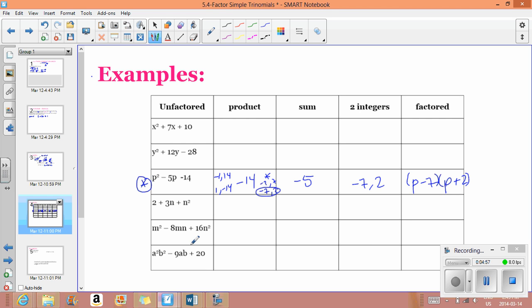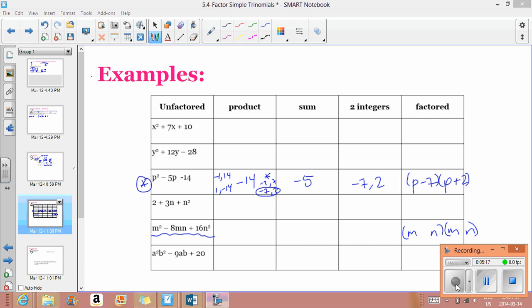Don't leave that out. This next one is a little bit different. The only difference is that in your skeleton, where we would only have a first variable, now the front is going to be m and the end is going to be n. So m and n, and then your integer would go in between. We need two numbers that multiply to get 16 and add to get negative 8.